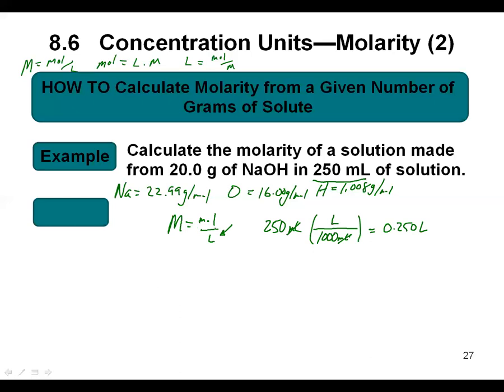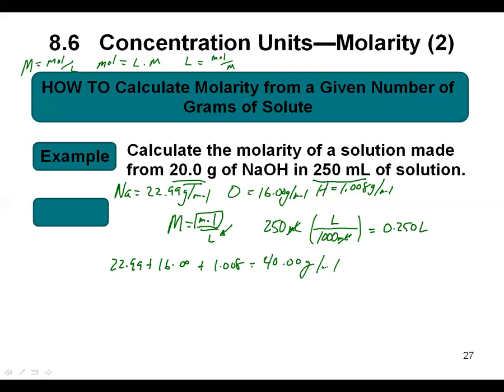Now the top part, which is the moles, we don't have, but we do have the grams. So we need to use the molar mass from the periodic table. That basically is adding all those together since we have one of each. If we add all those numbers together, we end up with pretty much 40 grams per mole.